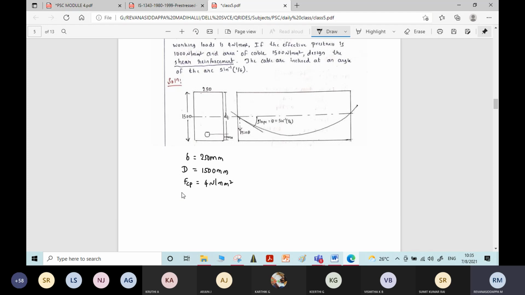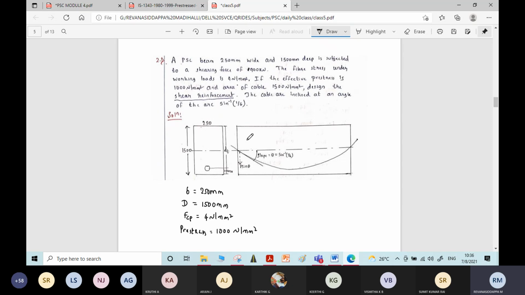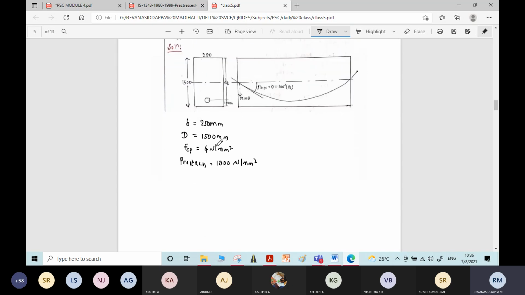The effective pre-stress is given as 1000 Newton per mm square. Area of cable is equal to 1500 mm square.